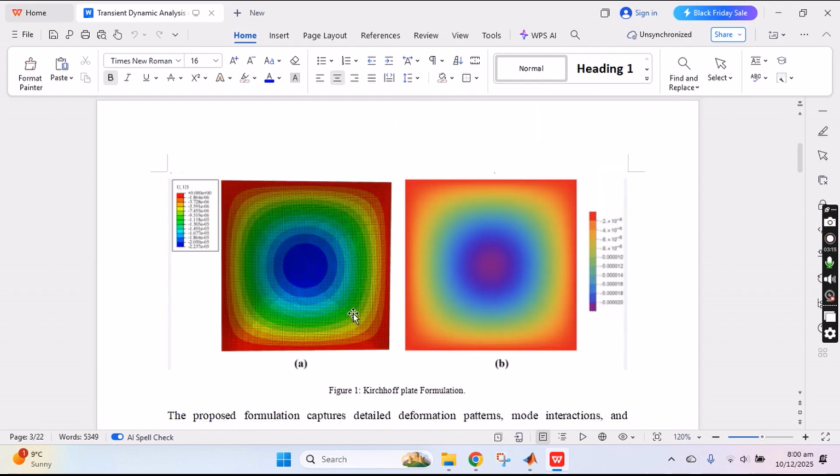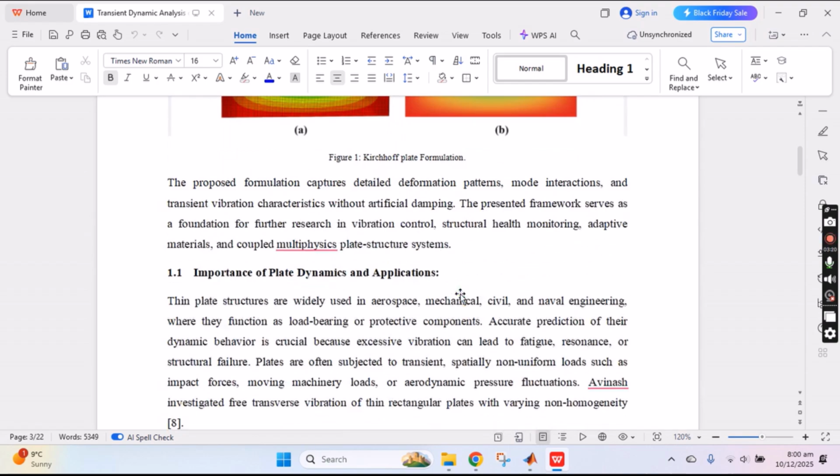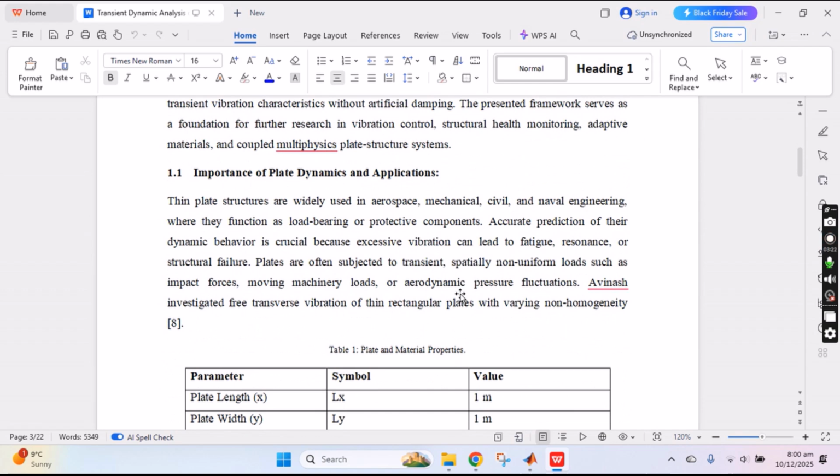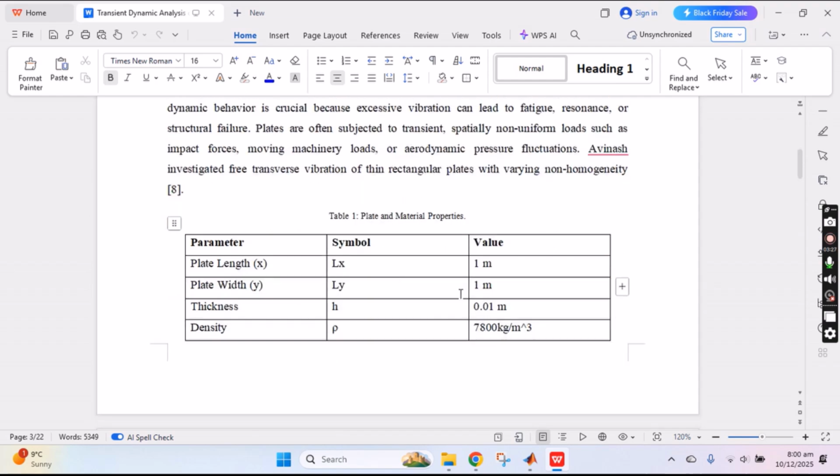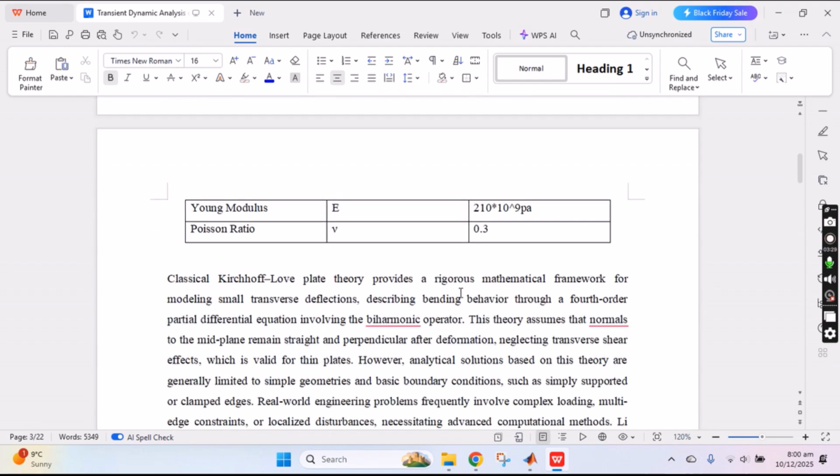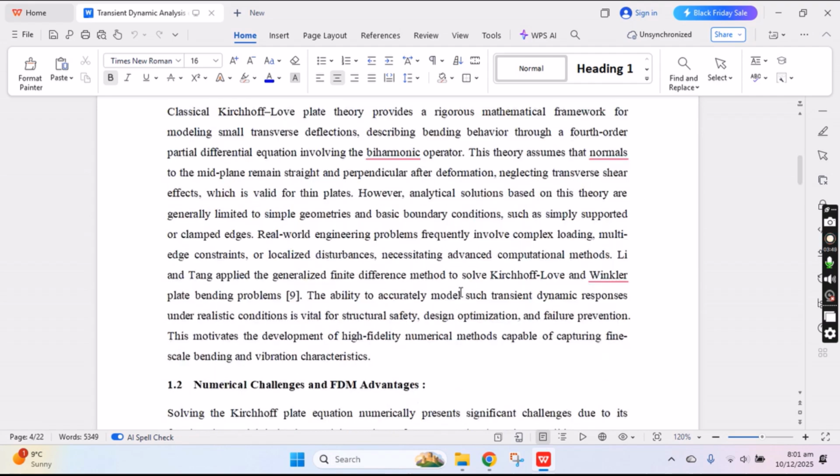Here is the formulation of the Kirchhoff's-Love plate, the importance of plate dynamics applications, the plate with its material properties in a table, and the classical Kirchhoff-Love theory, also the comparison of classical theory with the biharmonic operator and the effects of analytical solutions accordingly.